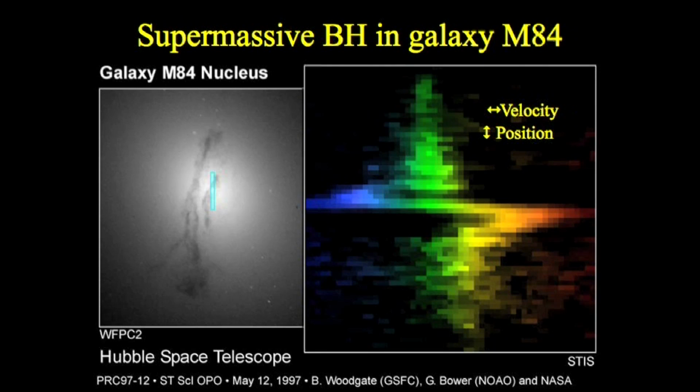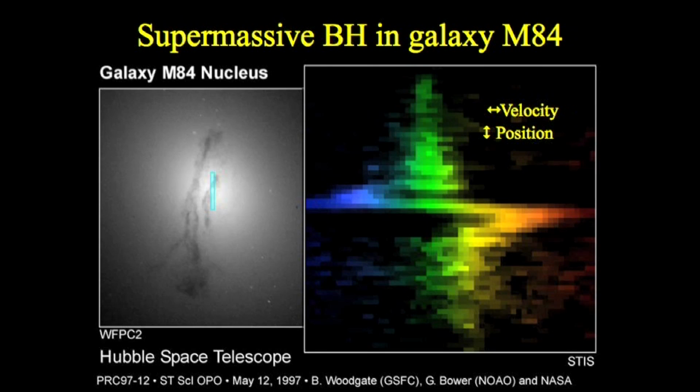What does that mean? That means over on this side, the stars are moving away from us, and over on this side, the stars are moving towards us. And how could that happen? Yeah, if there's a massive object sitting right in the middle there, you could have stars circling around.